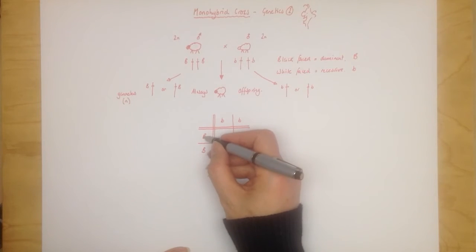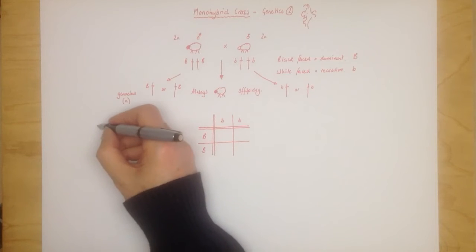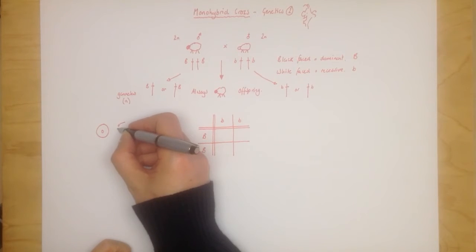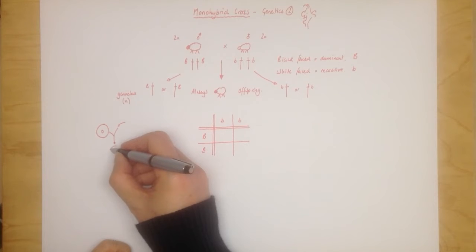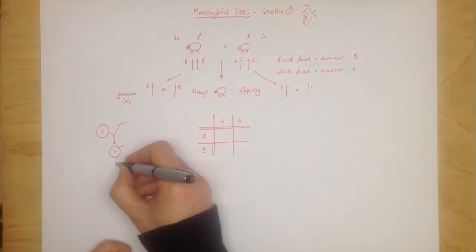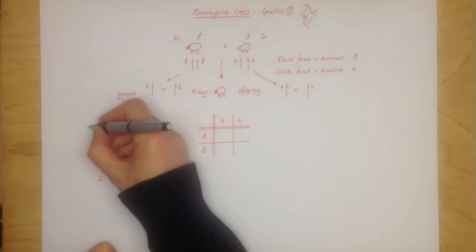Now, this sort of sperm can join with this sort of egg. Remember, fertilisation is this. There's the egg, there's the sperm, and they join together to form the fertilised egg, which we call the zygote.